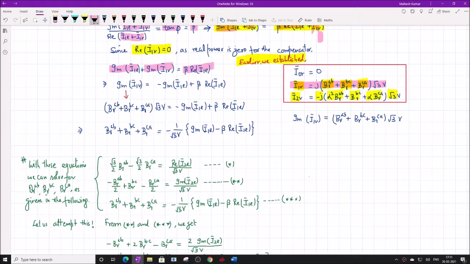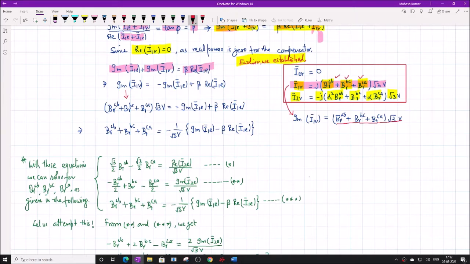I1 gamma is j times B gamma AB plus B gamma BC plus B gamma CA. Therefore, imaginary of I1 gamma is nothing but j will go away, B gamma AB plus B gamma BC plus B gamma CA into root 3B. So this is the value of imaginary of I1 gamma.